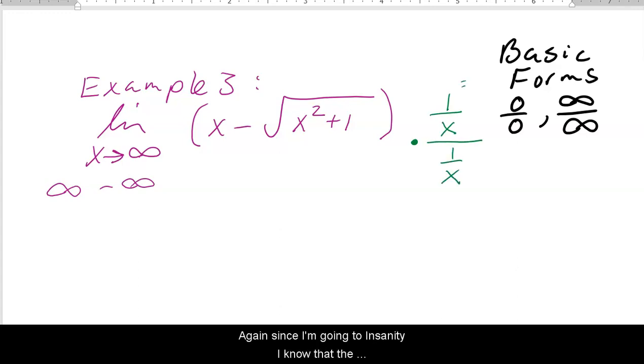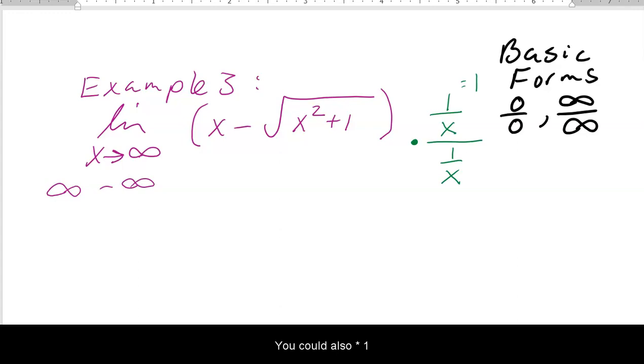Again, since I'm going to infinity, I know that the x value is very far from 0, so 1 over x is defined. Anything divided by itself, provided it's not 0, is just the number 1. So I am allowed to do this.